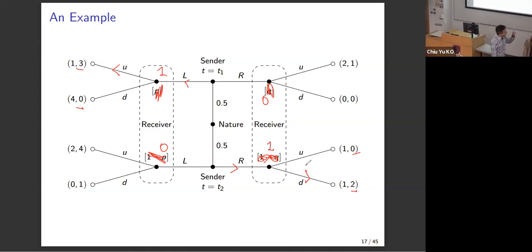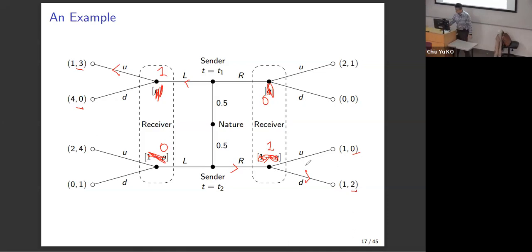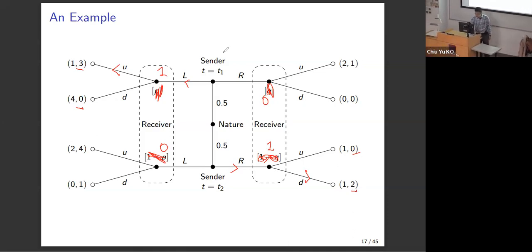Suppose you are sender 1, the upper guy. If you send left, what you get is, suppose I use the blue color, you sender 1, you send left, you get 1. If you go to right, then they wrongly believe you're here. You deviate, you also get 1. That's fine.